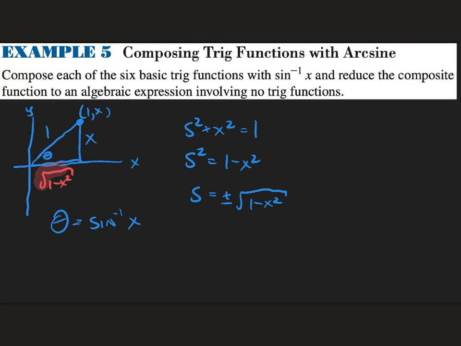And then for the 6 trig functions, the sine is going to be x over 1, which equals x. The cosine is going to be the square root of 1 minus x squared over 1, which just equals the numerator.